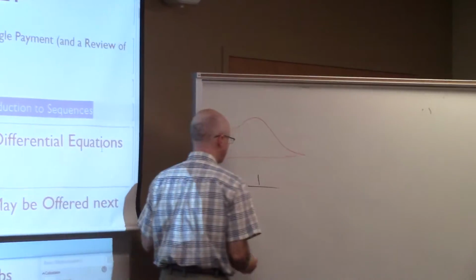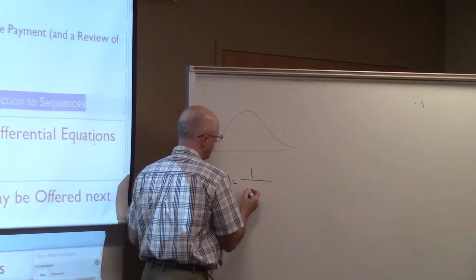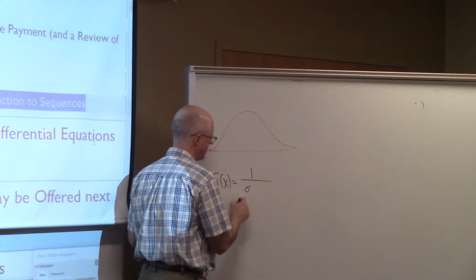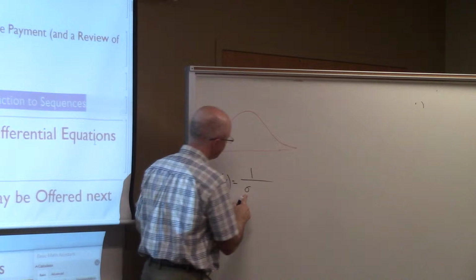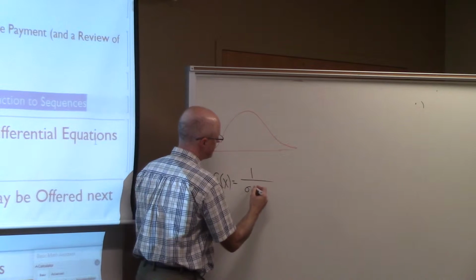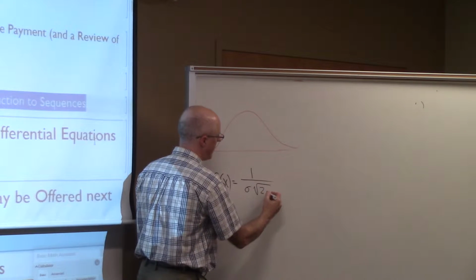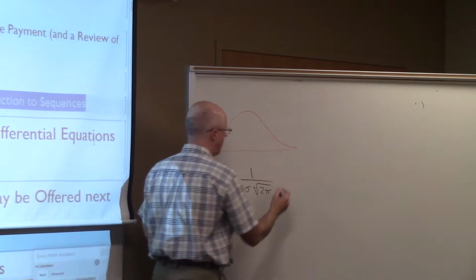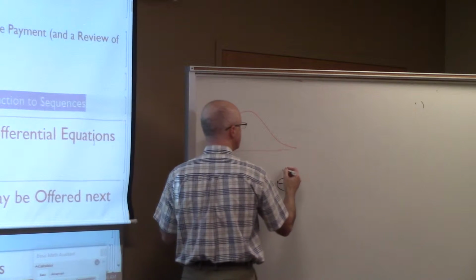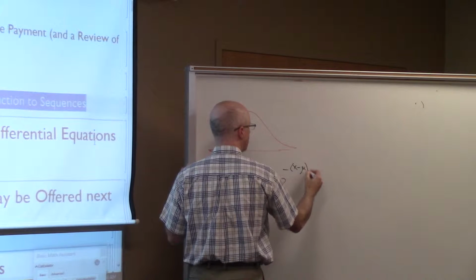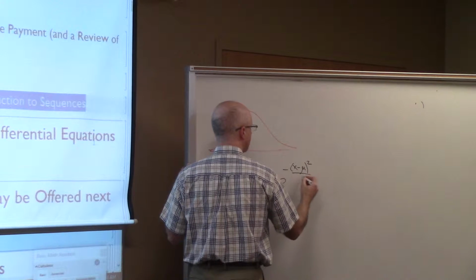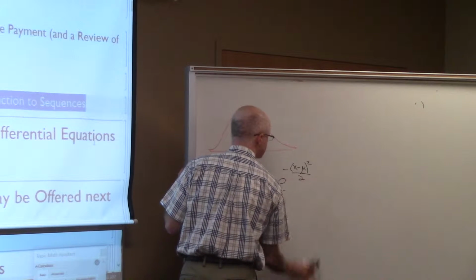It's 1 divided by a number called sigma. It's a lowercase sigma, not a capital sigma. They look pretty different from each other. 1 over sigma times the square root of 2 pi times e raised to the negative x minus some other number called mu, squared, over 2 times sigma squared.